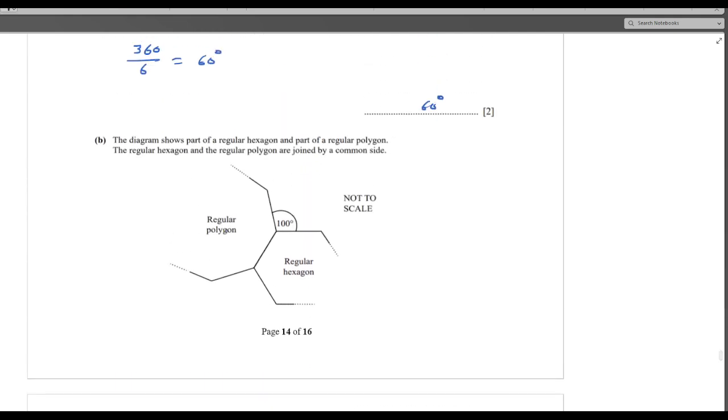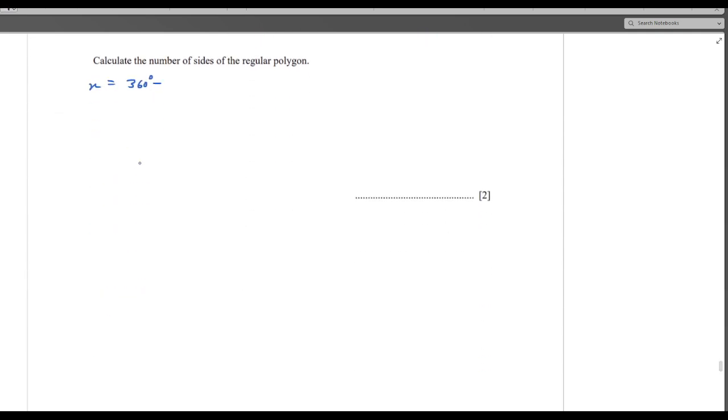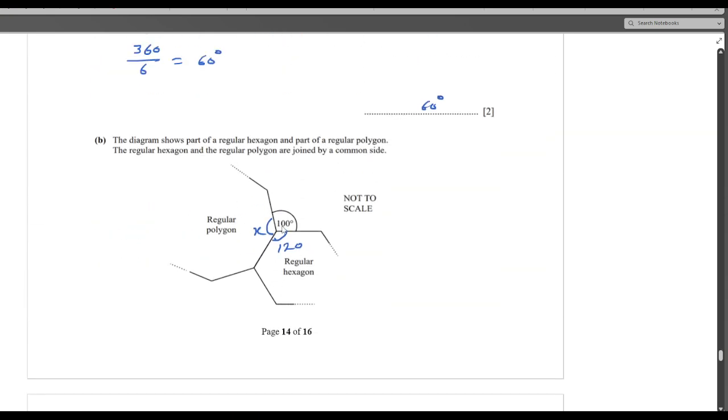Now here, for the regular hexagon, exterior angle is 60, so the interior angle is going to be 120, and therefore for the polygon, your interior angle will be 360 minus 120 minus 100, so x is 140. So 140 is your interior angle.